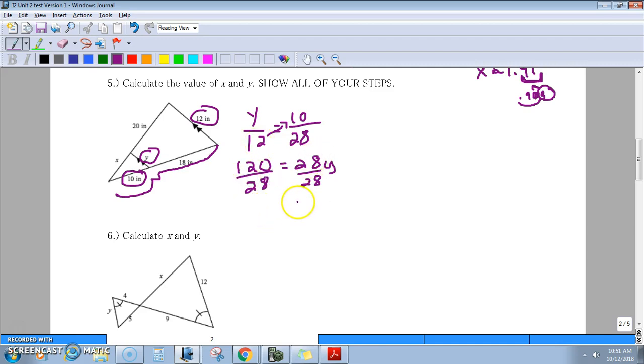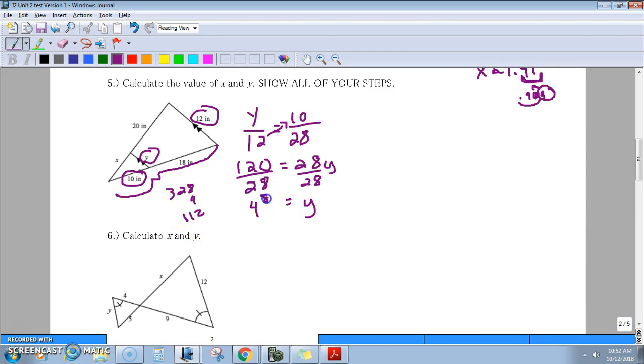Then divide both sides by 28, and I bet that's going to be 4 point something. Let's see, 28 can go into 120 4 times, 28 times 4 is 112. So how much is left over? 8.